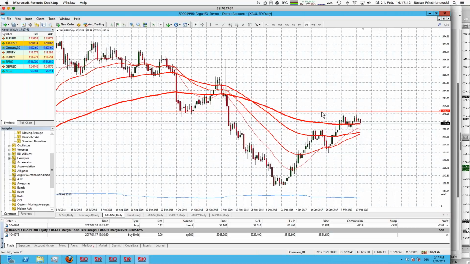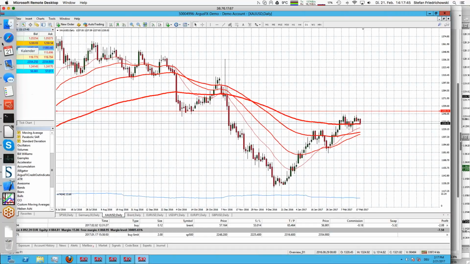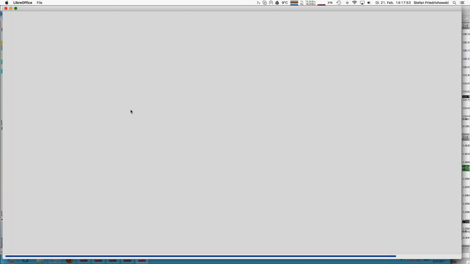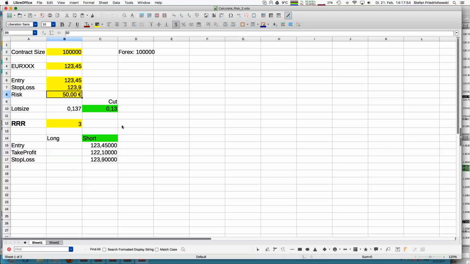And now it's time to calculate the position size for that trade. So we need our Excel sheet for risk calculation, and we can enter here first numbers.